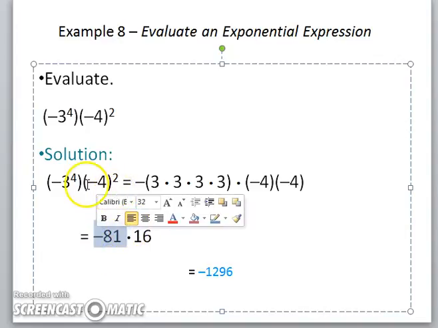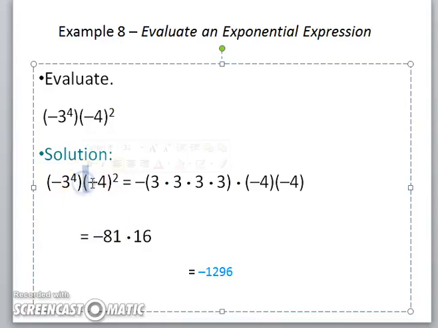Now think about the -4 in parentheses raised to the second power. Here's a little bit different procedure because the negative is now inside the parentheses and the exponent is outside. So what it means is we're raising the entire -4 to the second power.